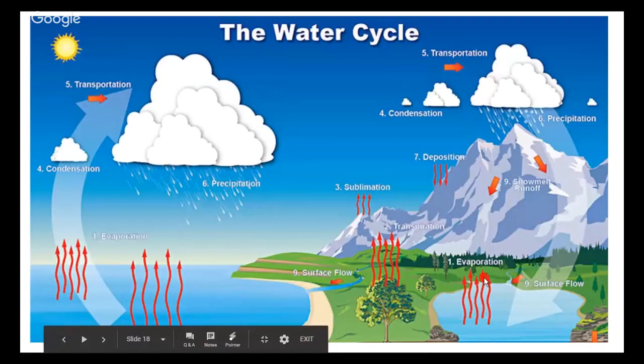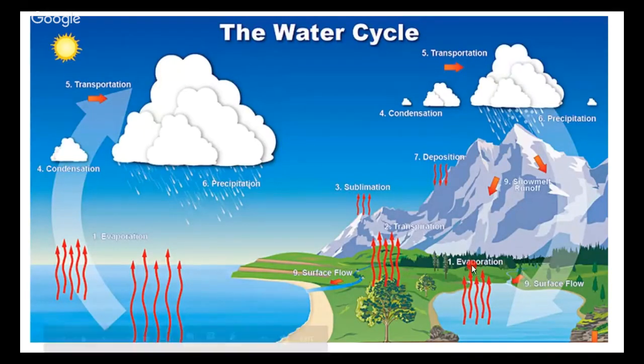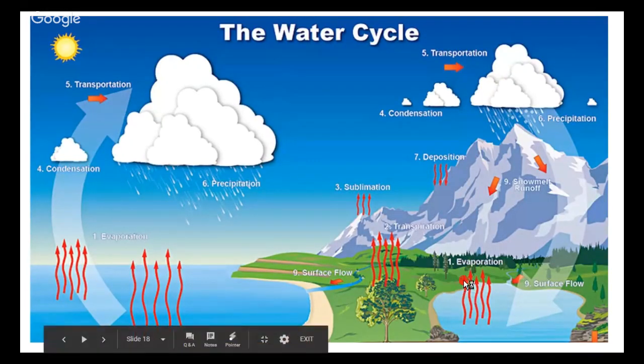Can we find two? Transpiration. So water can be removed from open surfaces. We can also have water being added to the environment from plants via transpiration.